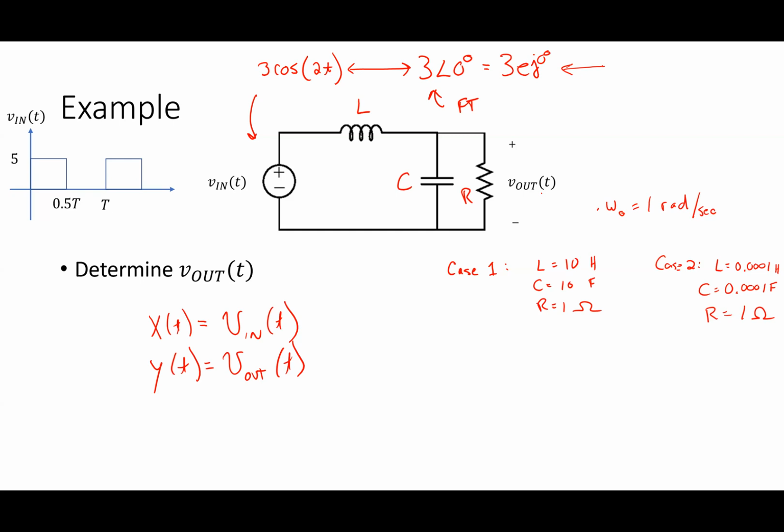But this relates carefully to the Fourier transform, because in the Fourier transform I would have said the Fourier transform of 3 cosine 2t would be 3 over 2 e to the j 0 degrees located at -2, and 3 over 2 e to the j 0 degrees at 2 radians per second.